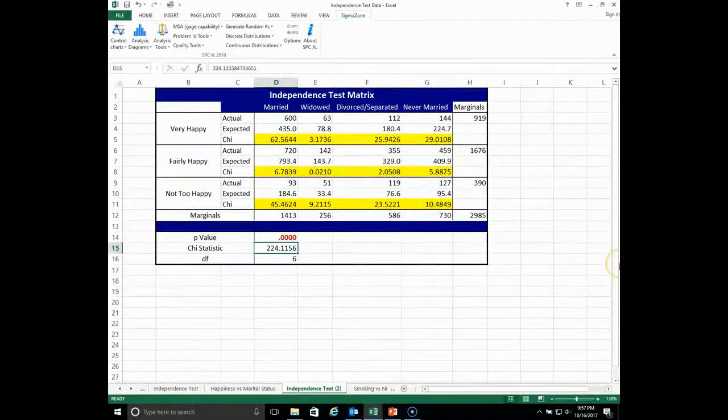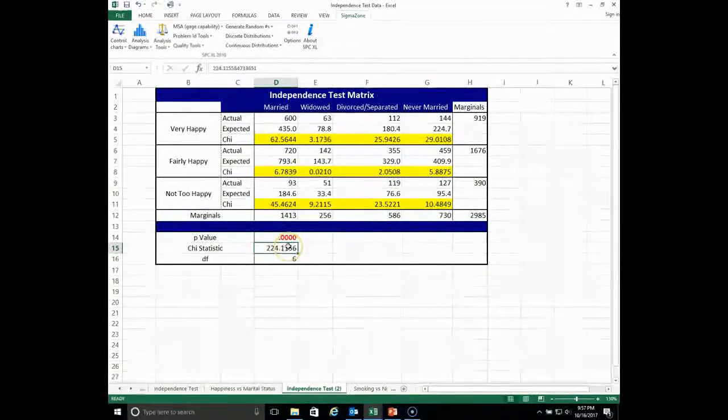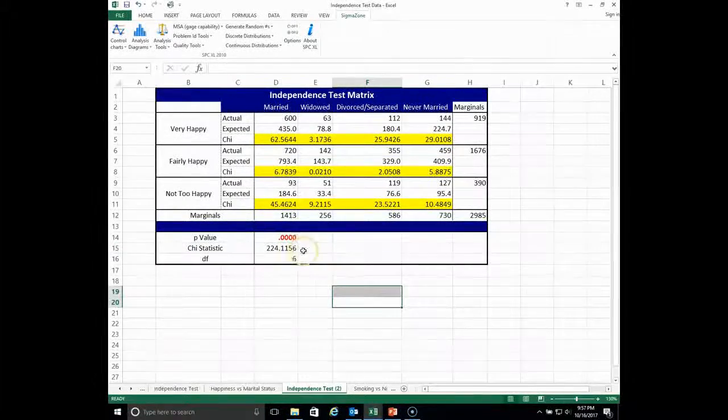That's called the chi-square test statistic, and the bigger that number is, the smaller the p-value is. Well, the p-value is extremely small because the differences between what we'd expect to see if these 2 variables were independent and what we actually saw are grossly different. That leads to a small p-value and a huge, highly confident conclusion in H1.